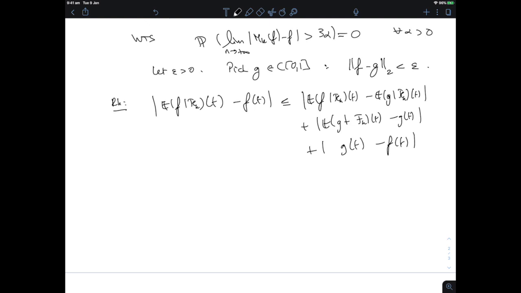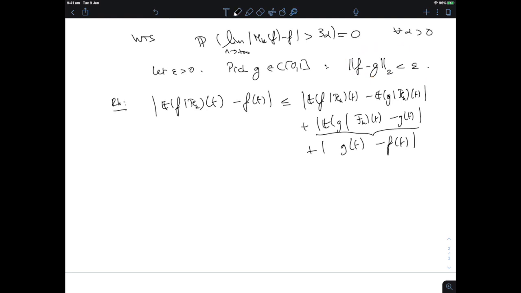That's just triangle inequality. But the point of doing things in this way is that in the middle I have something that I already know goes to 0, and then the other two terms should be very close to 0 too, not so much because k goes to infinity, but because f minus g is small in L2 norm.